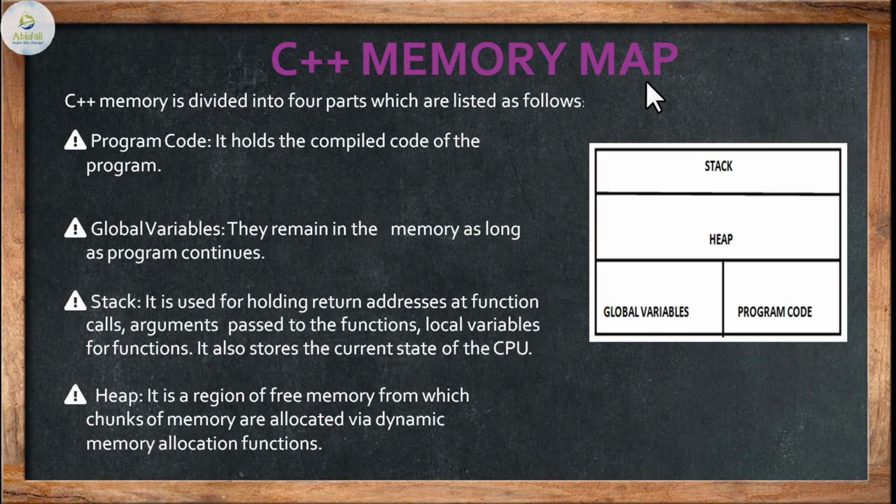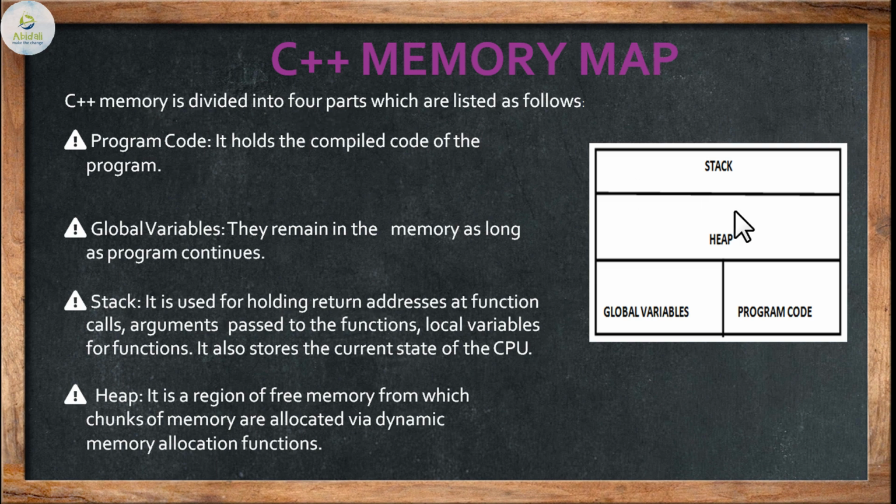So C++ memory map, how does it look like? Now that we are talking about dynamic and static memory allocation, and before we jump into the new and delete operators, we have different kinds of memory areas that you can see in the diagram. C++ memory is divided into 4 sections.